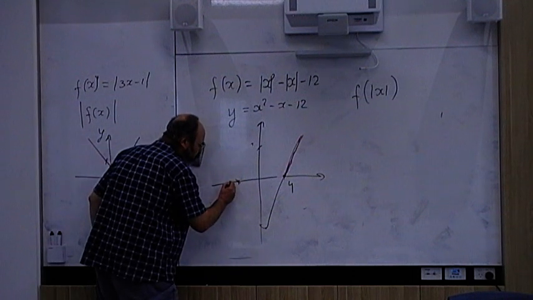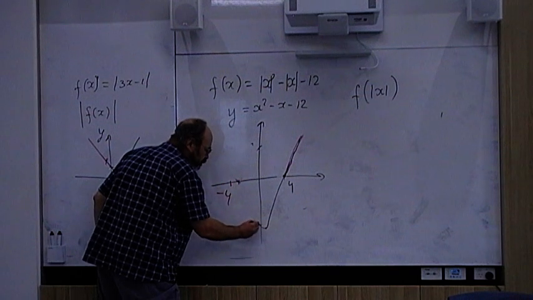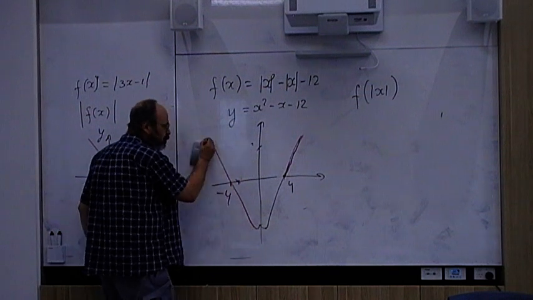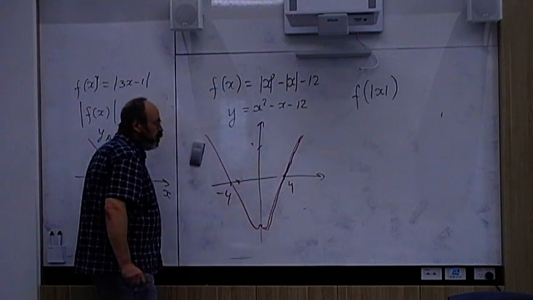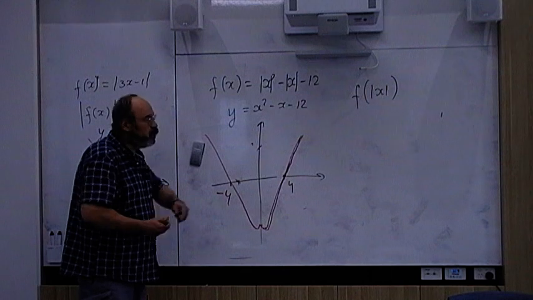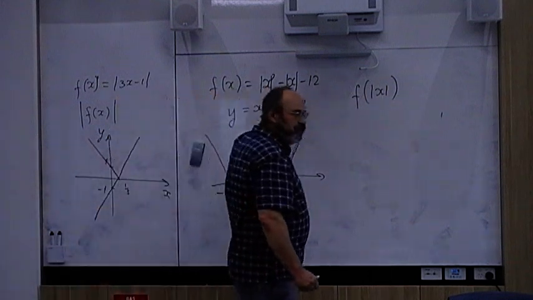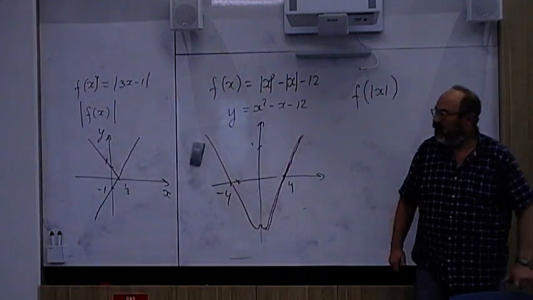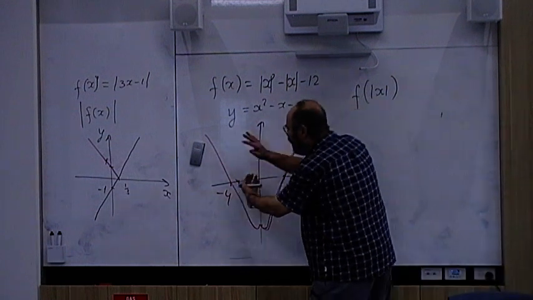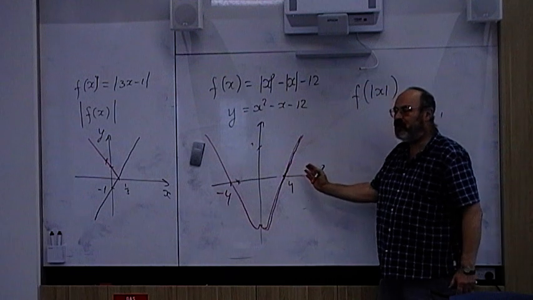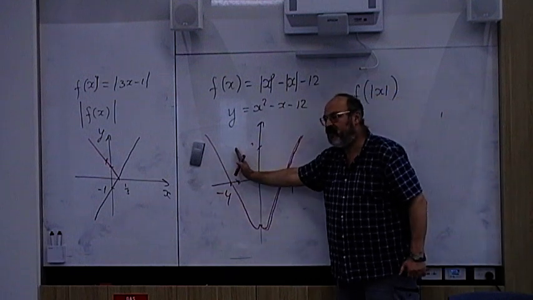So that will now be negative 4. Doesn't the left just not exist? It exists, you can take negative 4 and substitute negative 4 here. Because this branch for positive x is just reflected in the y-axis.